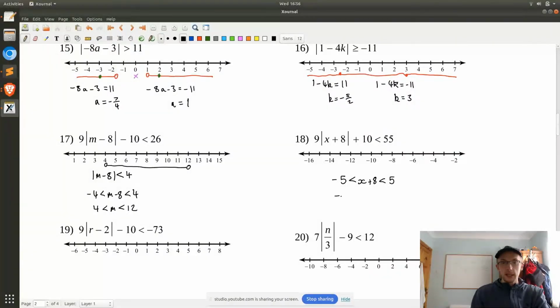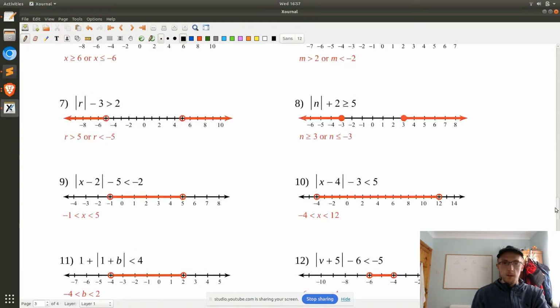Take 8. Right. Now there. And there. 13 and -3.